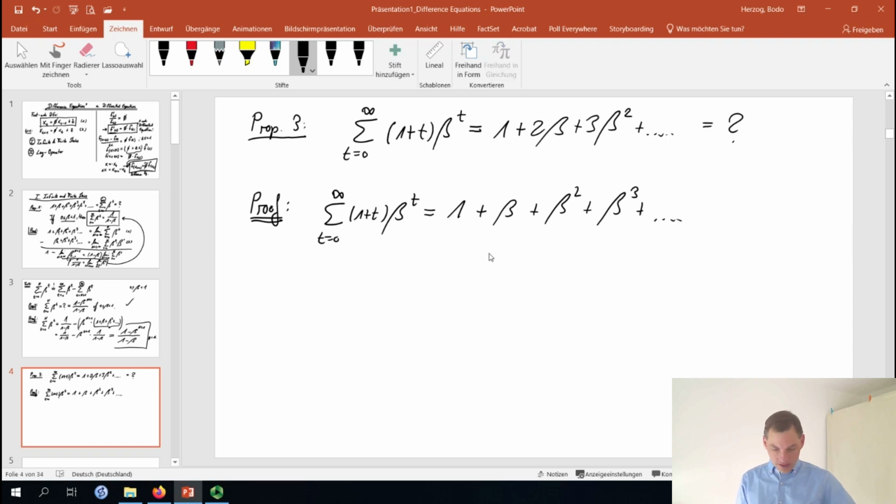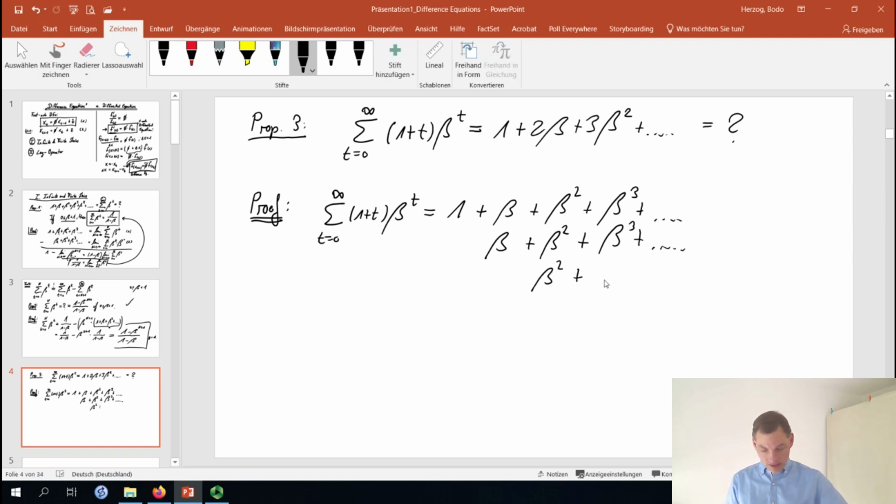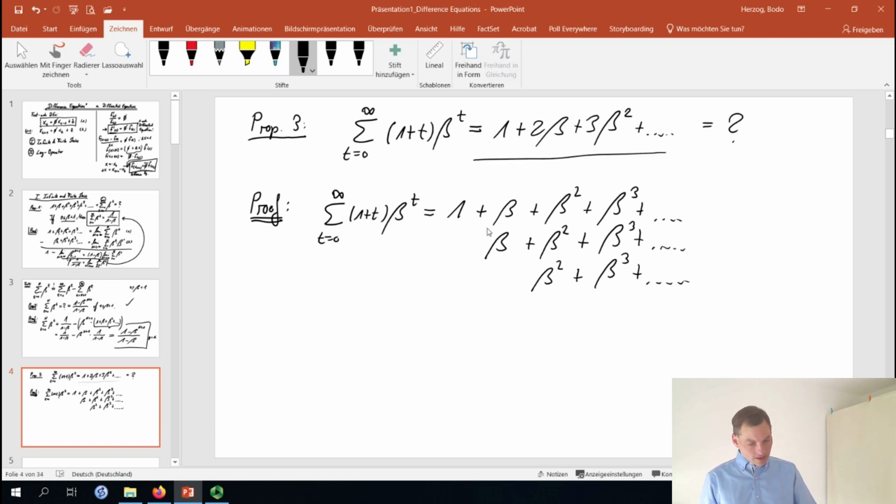But it's 2 beta, so we have a second series that starts with beta, beta squared, beta cubed, and so on. But look, we also have then 3 beta squared, so there is a third series that starts with beta squared, beta cubed, and so on and so forth. Okay, it's just splitting up what I have written here. I split it up in this form.